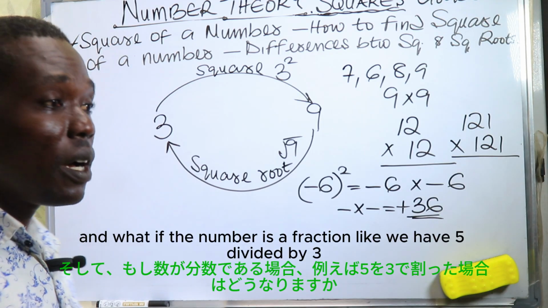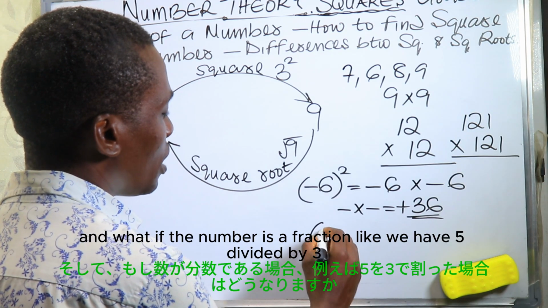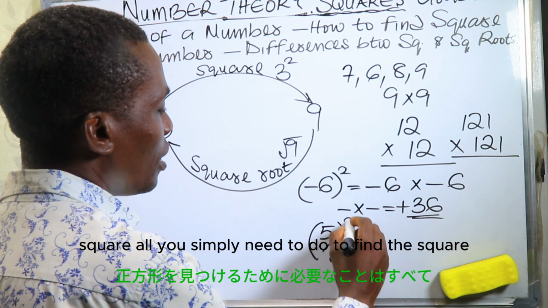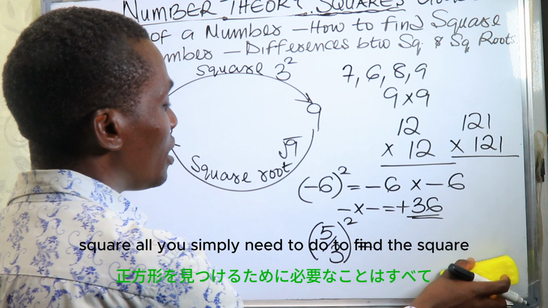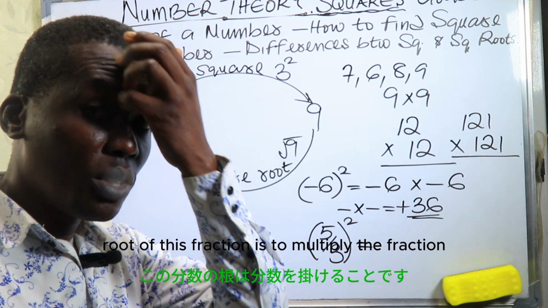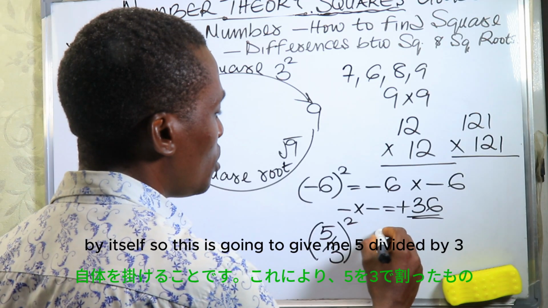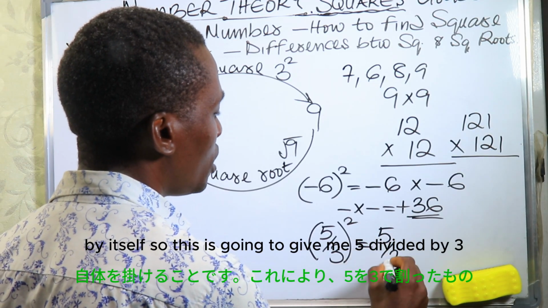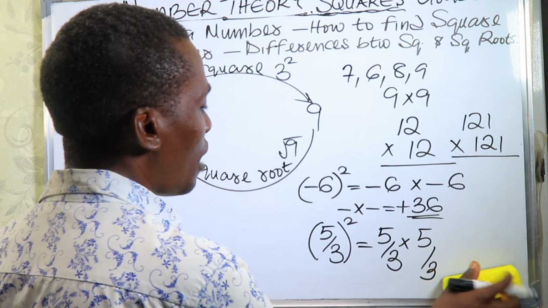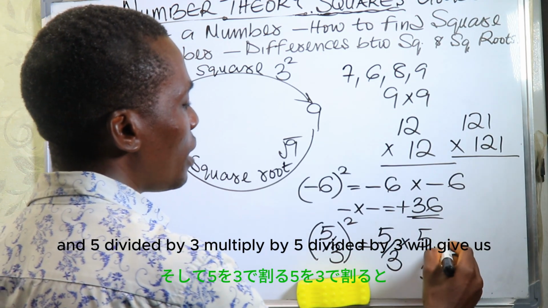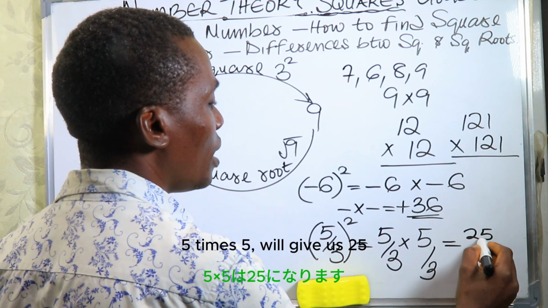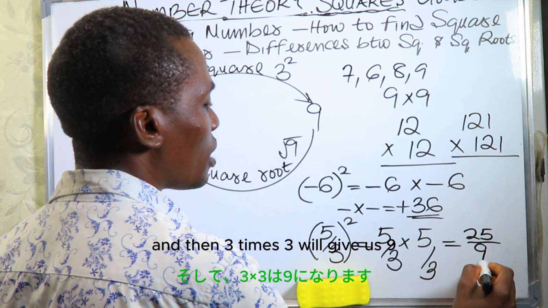And what if the number is a fraction? Like we have (5/3) squared. All you simply need to do to find the square of this fraction is to multiply the fraction by itself. So this is going to give me 5/3 multiplied by 5/3. 5 times 5 will give us 25, and then 3 times 3 will give us 9.